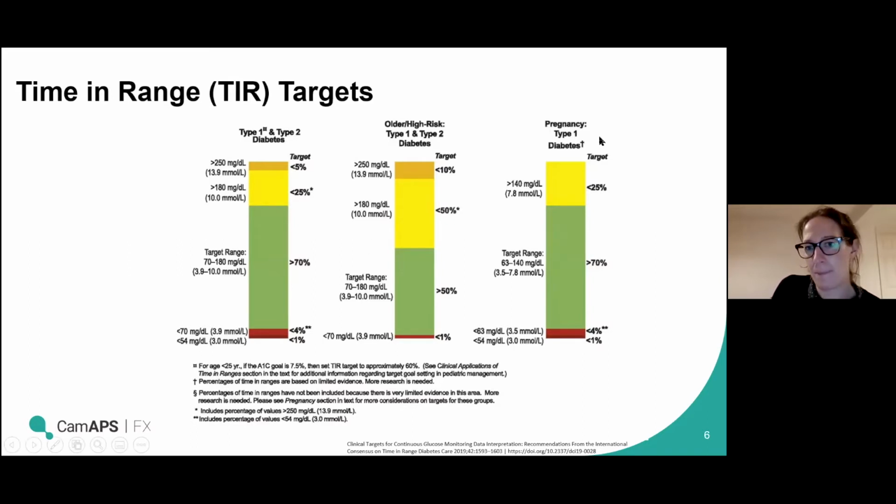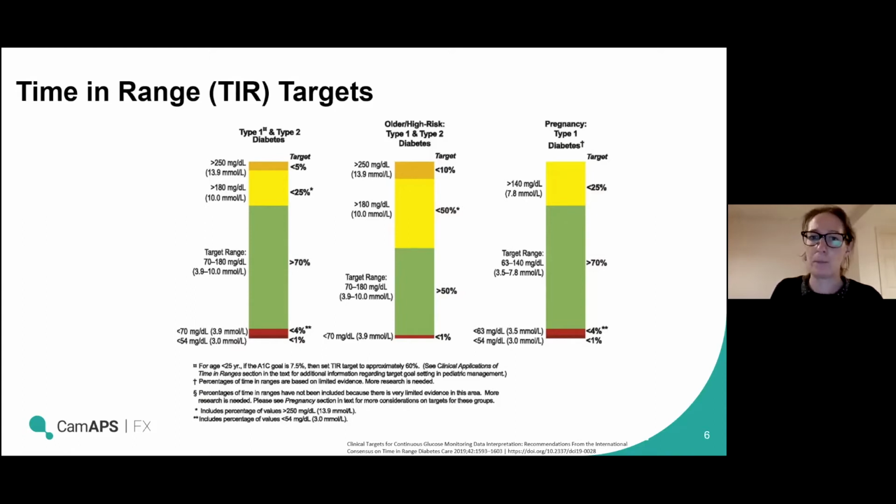For those people who are pregnant with type 1 diabetes, the target range is slightly different, 3.5 to 7.8. So we aim for people to run much tighter glycaemic control during pregnancy, with similar time within that target range, so 70% between 3.5 and 7.8.